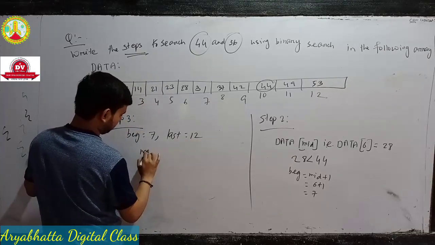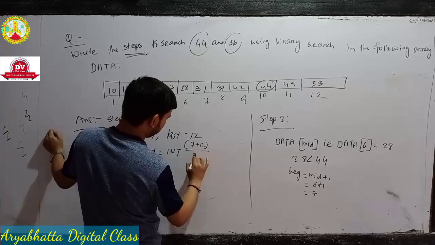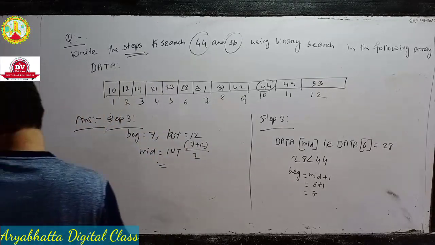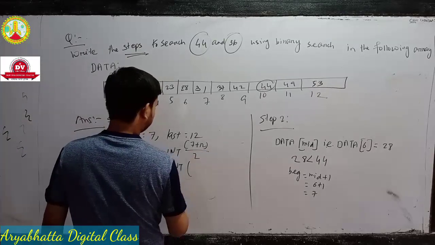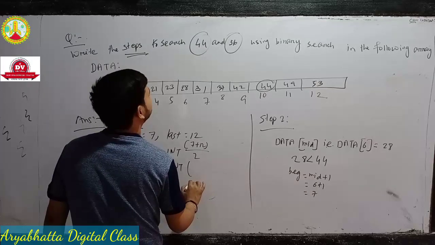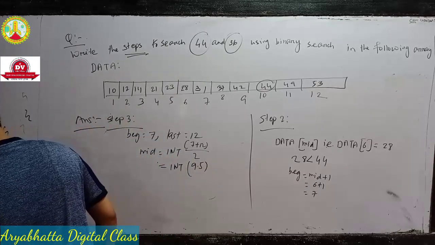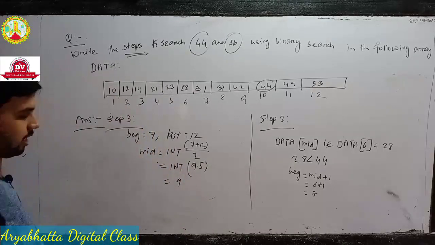Mid is equal to int of 7 plus 12 divided by 2, which is 19 divided by 2, 9.5, so 9.